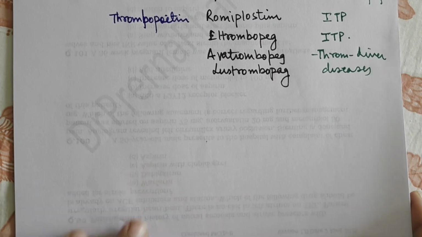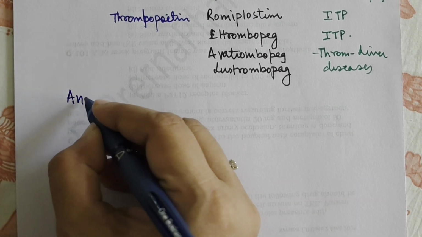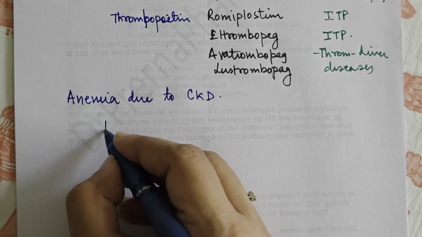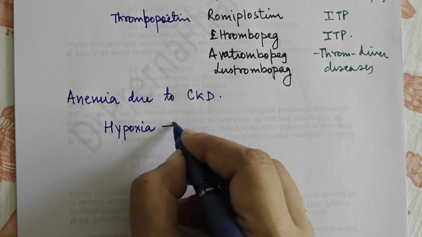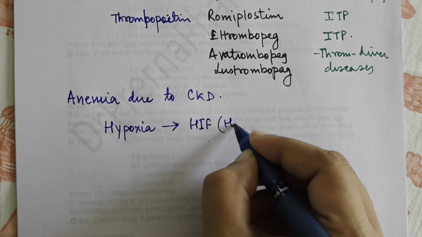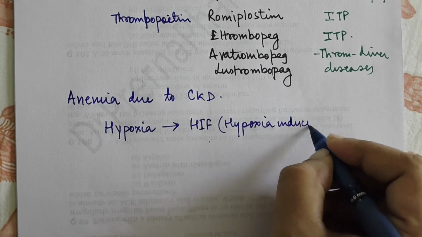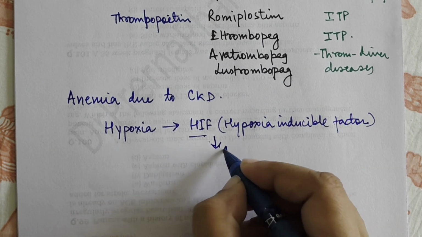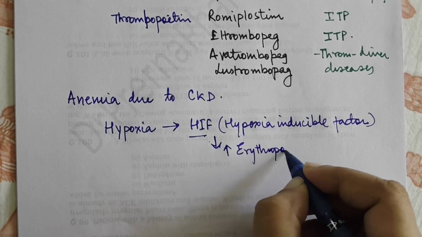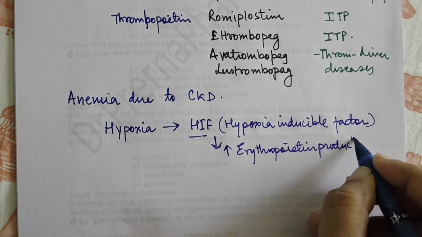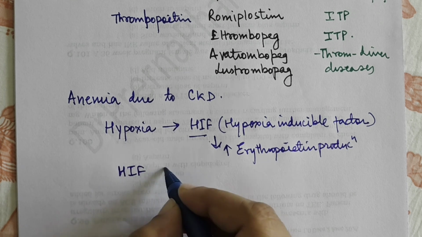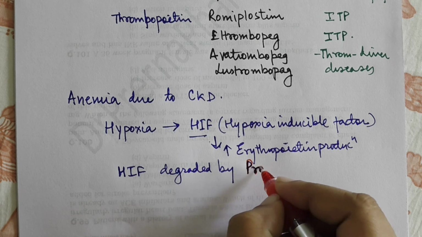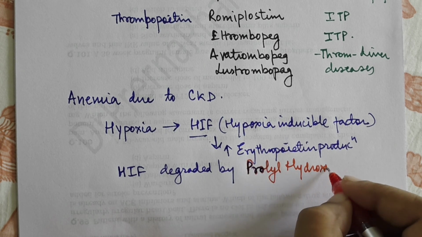Now there is anemia due to CKD. Here what happens is that hypoxia causes production of HIF, that is hypoxia inducible factor, and this HIF is responsible for increasing erythropoietin production. Now this HIF is degraded by the enzyme prolyl hydroxylase.